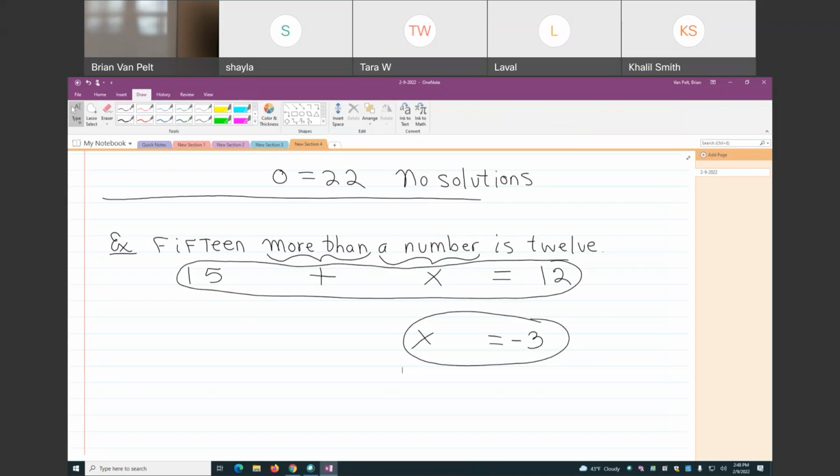What are some words for addition? We have more than, total of, sum. Subtraction has, as I said, minus, less than. So what is 22 less 7? Say 22 less 7. 7 less than 22. How's that?